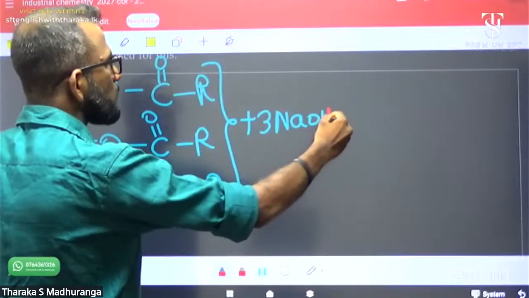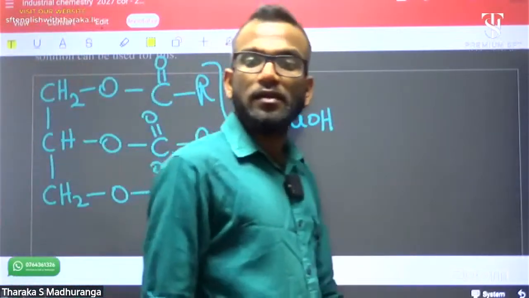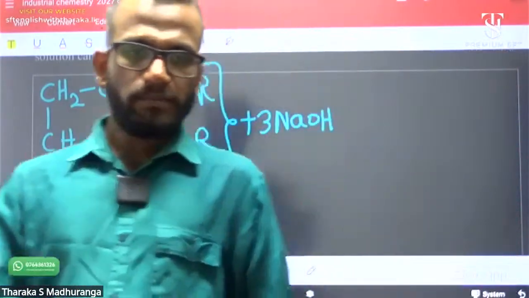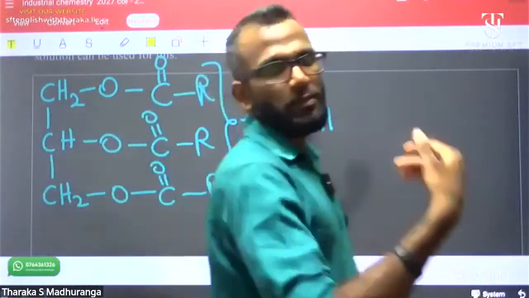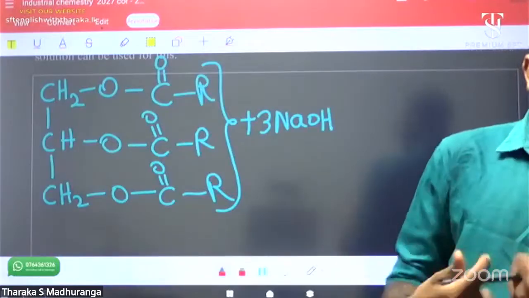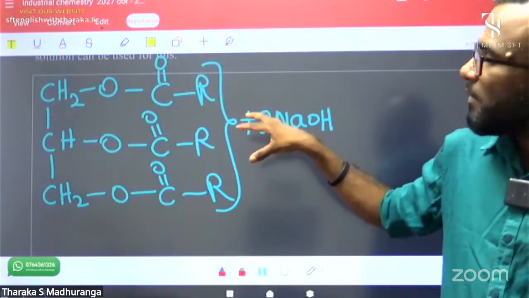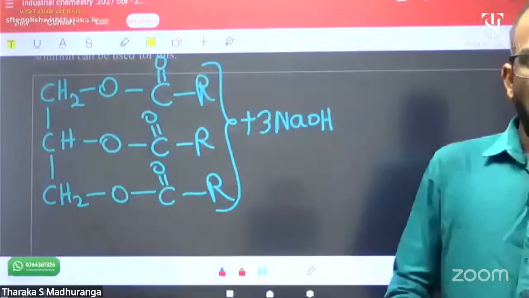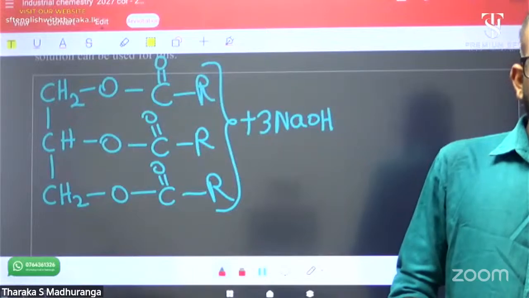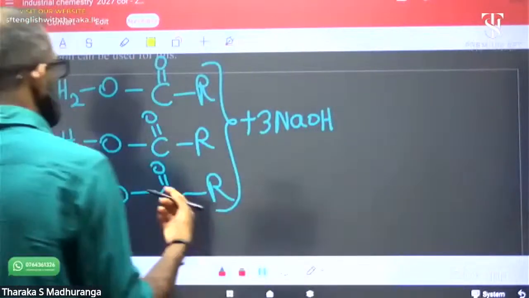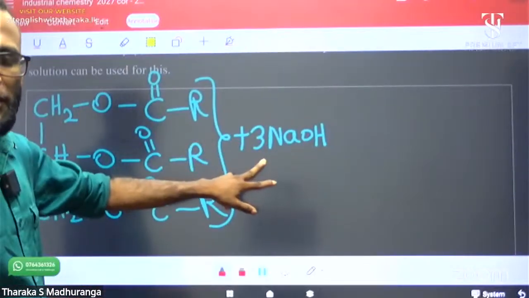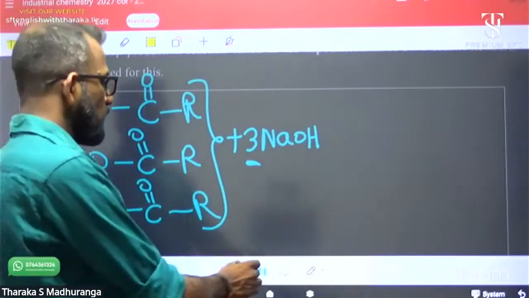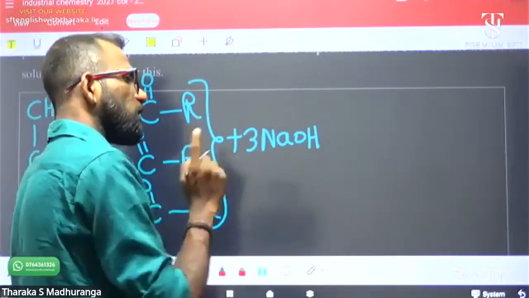That means 3 caustic soda molecules. 3 sodium hydroxide means the, what do we call the... I forgot this word. What is this value? I forgot. I will remind and tell you.